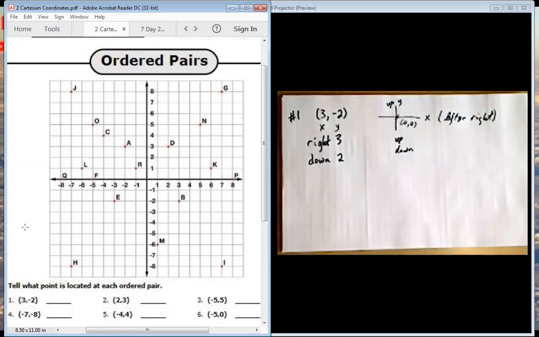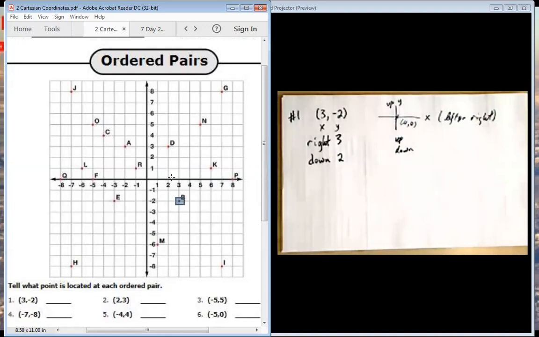So let's take a look here then. If we start at the origin and go to the right by 3, 1, 2, 3, we're right here now. We're at that spot. And then we go down by 2, keep going, right? 1, 2, we end up at that location there.